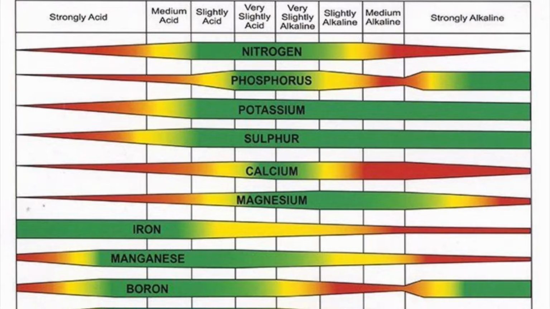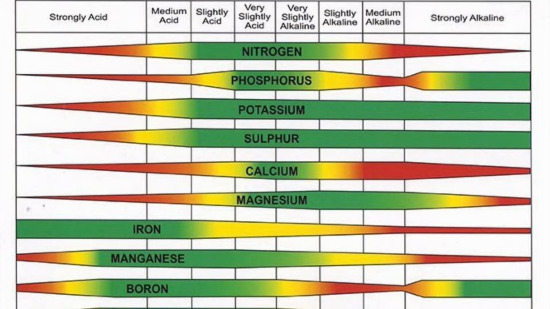You can see on this graph that with a very, very slightly acidic soil, we get the three macronutrients that are very important to grass all getting absorbed. So that's our nitrogen, phosphorus, and potassium. Then it continues down with sulfur, calcium, iron, some other things in there that are important as well, but not as important as the N, P, and K.